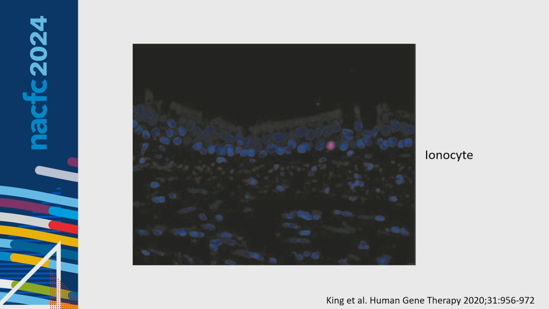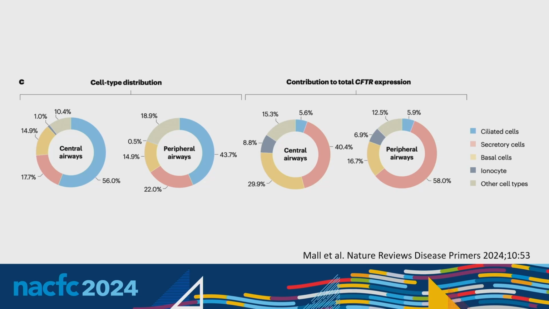So now when we look at this in another review, on the left, how many of these cells are there in different locations. So we have the central airways and the peripheral airways. And then on the right, what is their contribution to total CFTR expression? So here we can see, for example, the blue, those are ciliated cells. So there are a lot of ciliated cells.